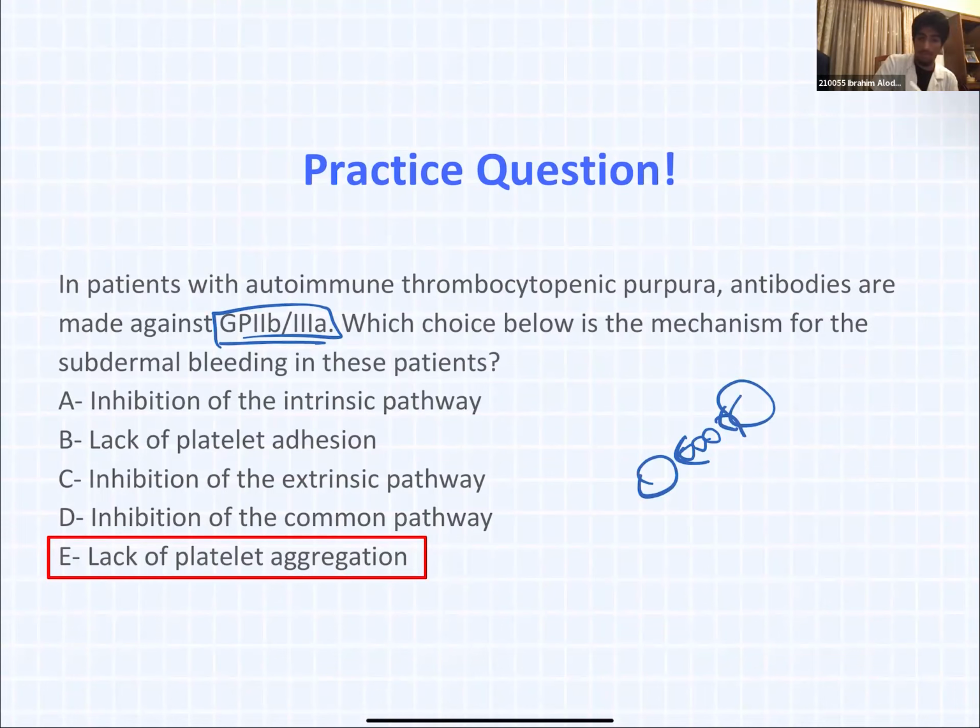GP2B3A is responsible for platelets to aggregate and connect to each other. So if you have antibodies or things that are destroying GP2B3A, that means you're not going to have platelet aggregation. All right. So we all understand why this is E.